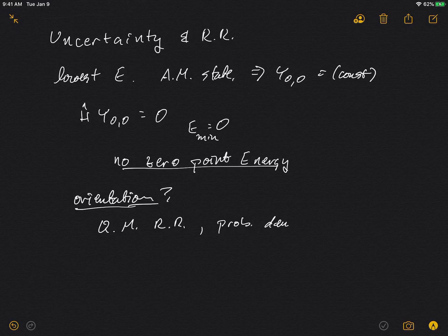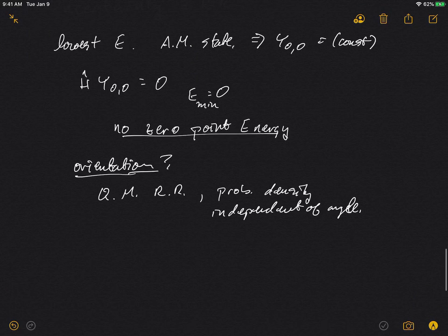So the probability density is independent of angle. Therefore, there's no real orientation.